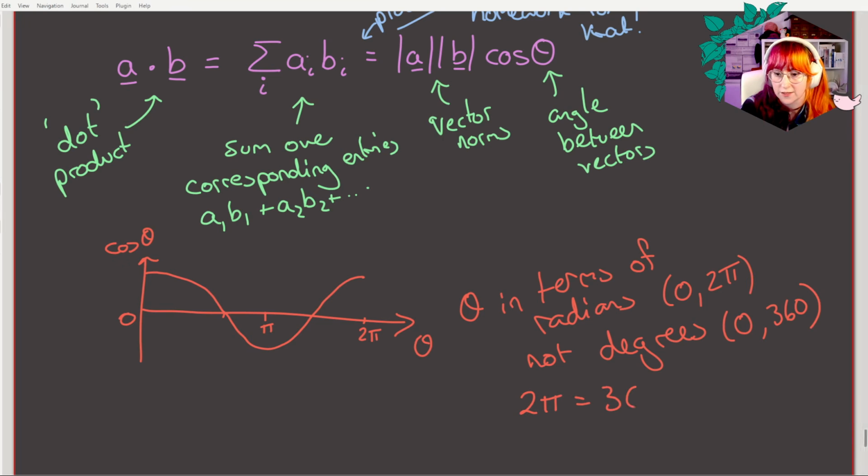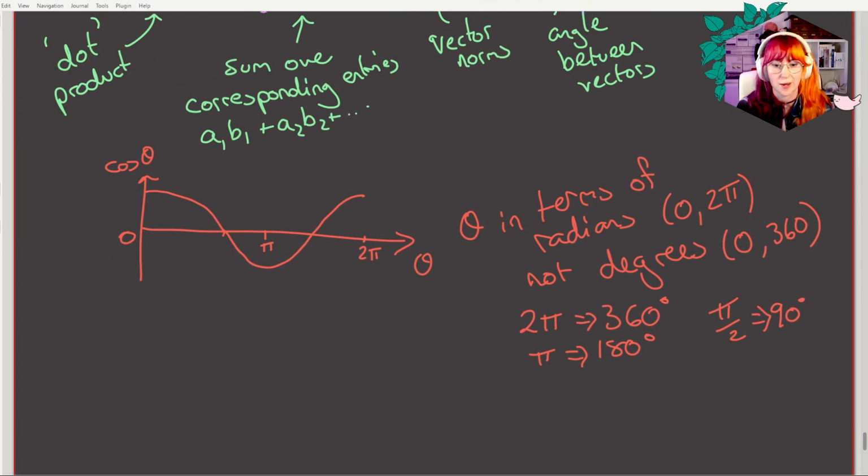2 pi is 360 degrees, pi is 180, and pi over 2 is 90 degrees. I'm going to put arrows just so people don't come at me for writing equal signs.